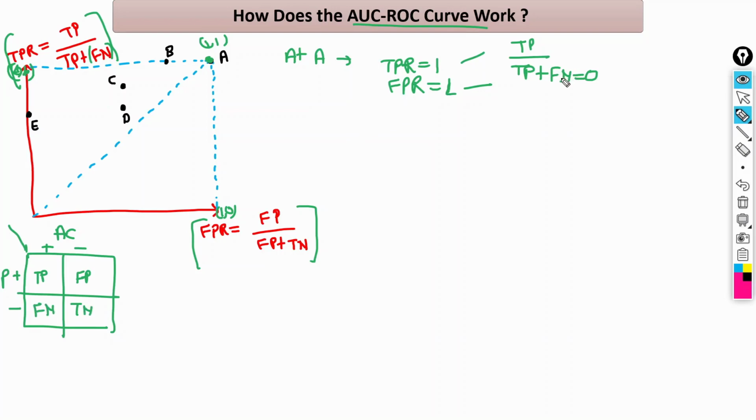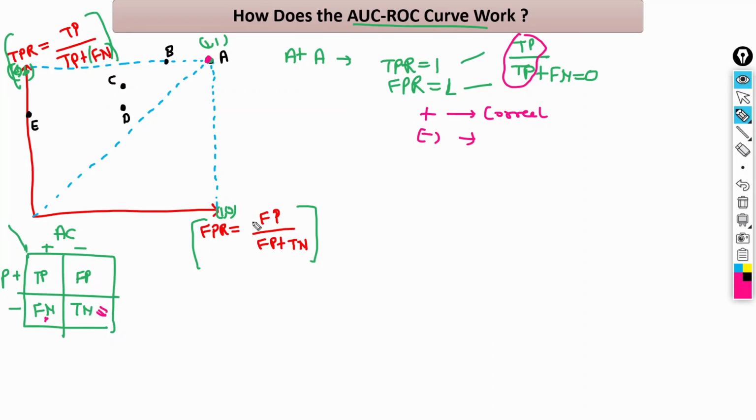So if FN is 0, in that case all the positive classes will be classified correctly at point A, and the negative classes will be classified incorrectly, because TN is 0 here.